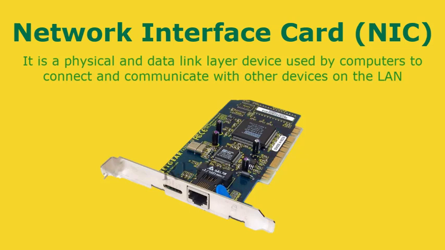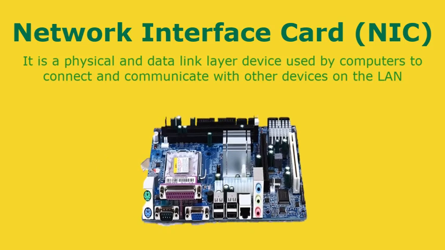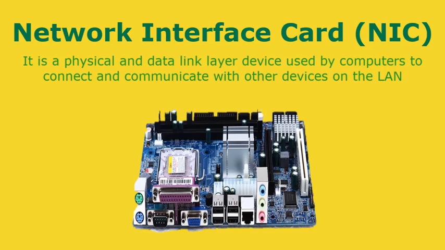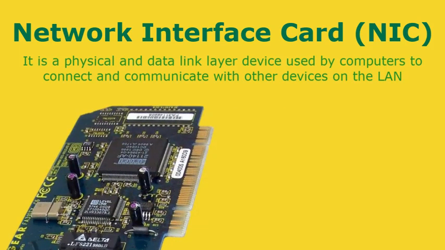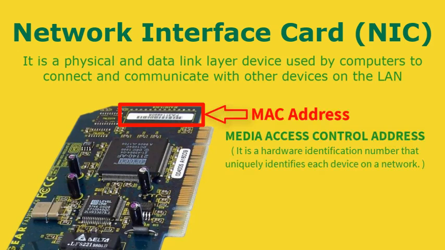The earliest Ethernet cards were external to the system and needed to be installed manually. In modern computer systems, it is an internal hardware component. The NIC manufacturer assigns a unique physical address to each NIC card. This physical address is called the MAC address, or Media Access Control address.